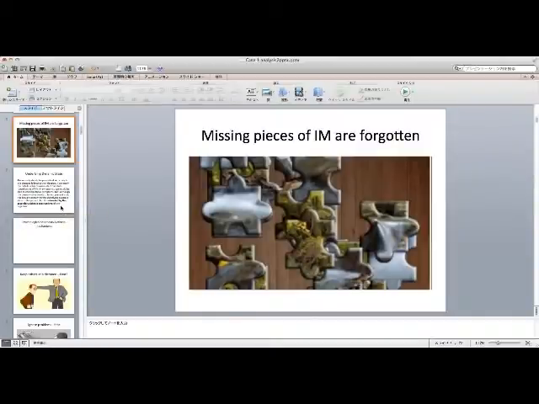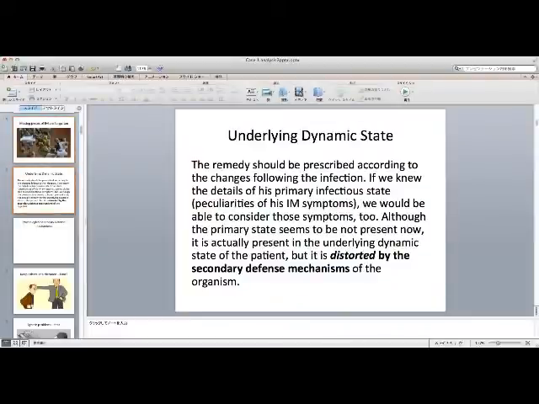of infectious mononucleosis. Now I want you to think about the underlying dynamic state. The remedy should be prescribed according to the changes following the infection. If we knew the details of his primary infectious state, the peculiarities of his IM symptoms, we would be able to consider those symptoms too.